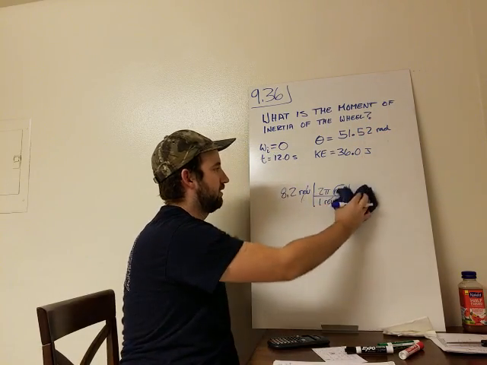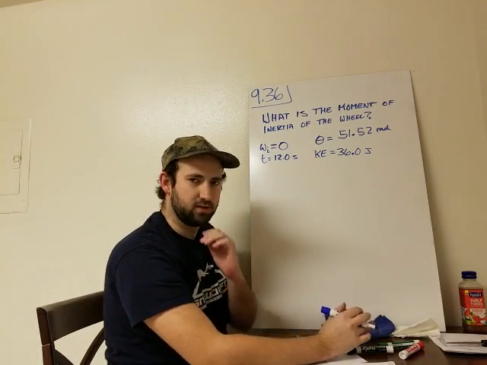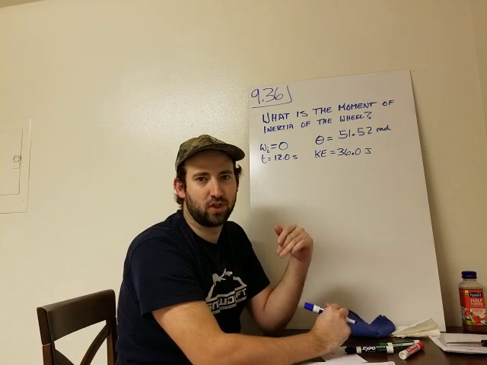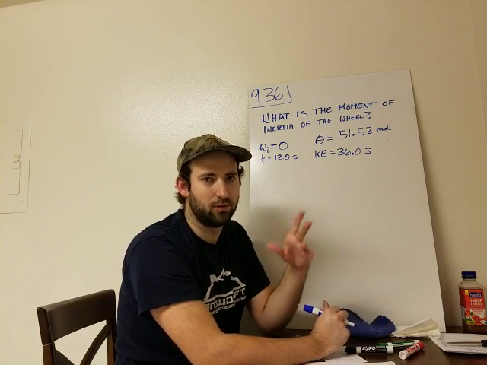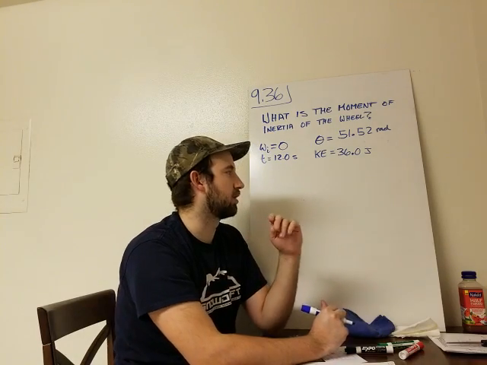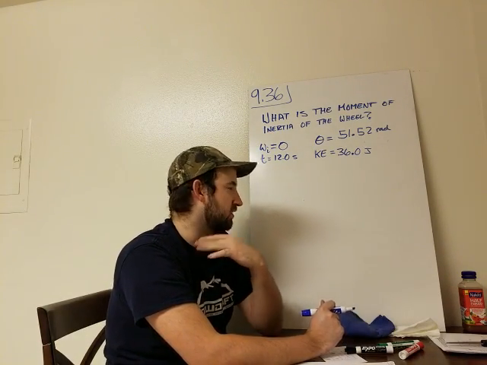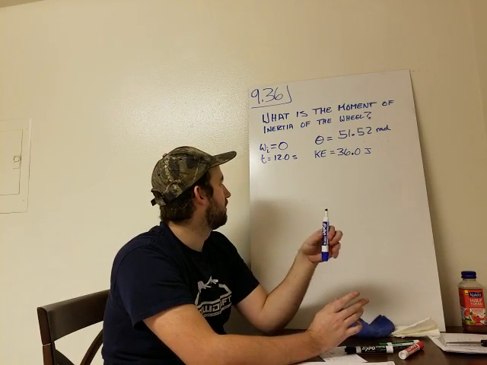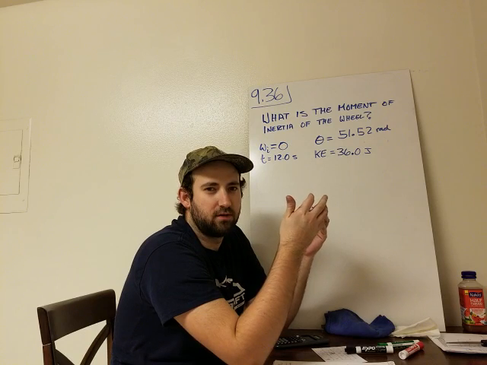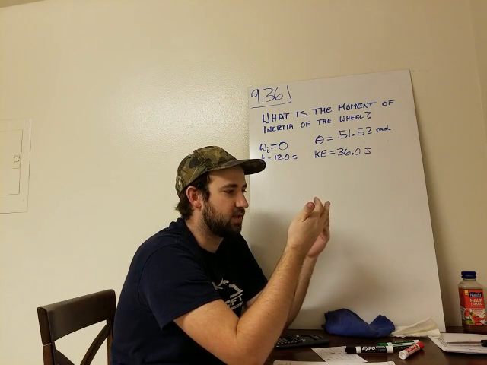Okay, so now that that's out of the way. I like to convert things first because if I don't, I'm going to accidentally plug it in thinking it has the right units and it's not going to work. But anyway, now we can get into the problem itself. The first thing we're going to want to do is find the final angular velocity.